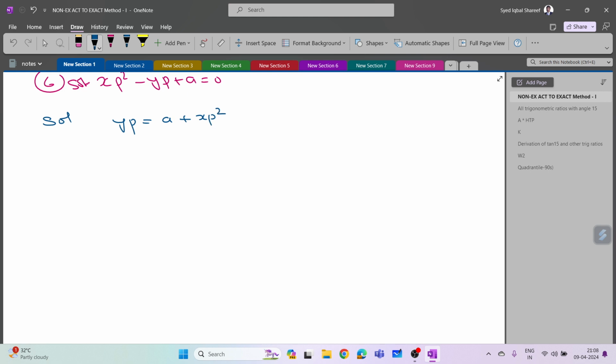Dividing by p on both sides, y equal to a by p plus xp square by p. So y equal to xp plus a by p. Now in the Clairaut form, p equal to c. So the general solution is xc plus a by c, that is the answer.